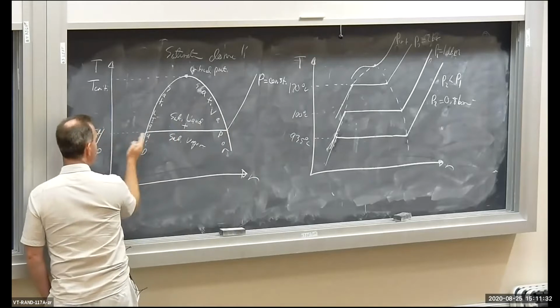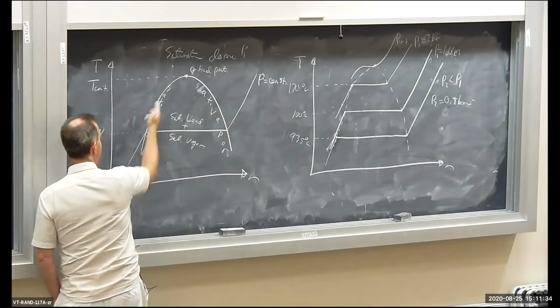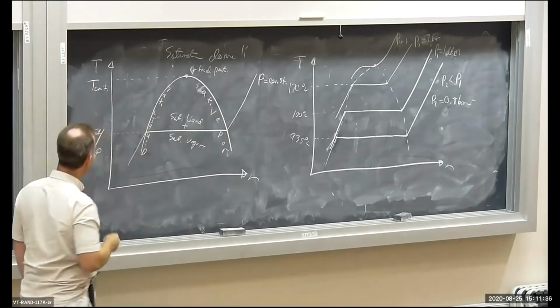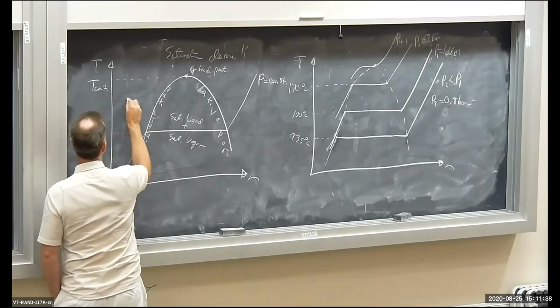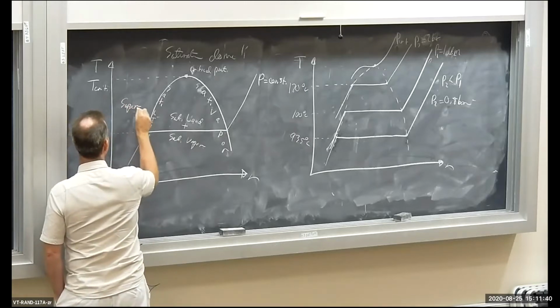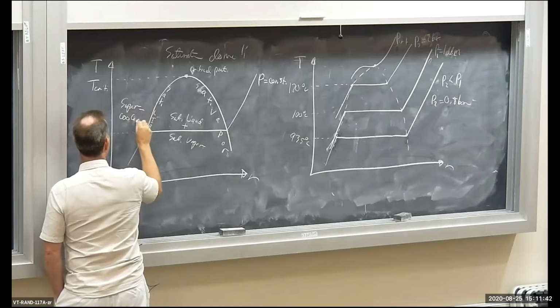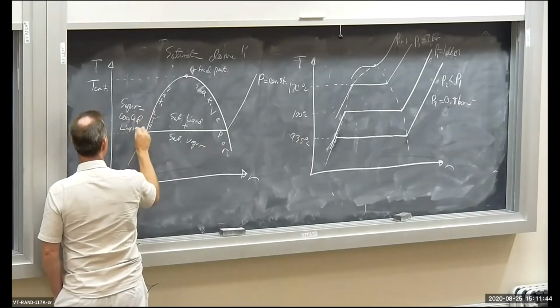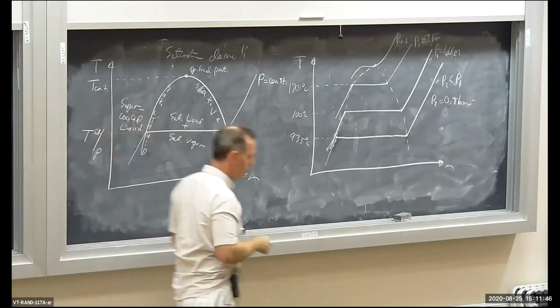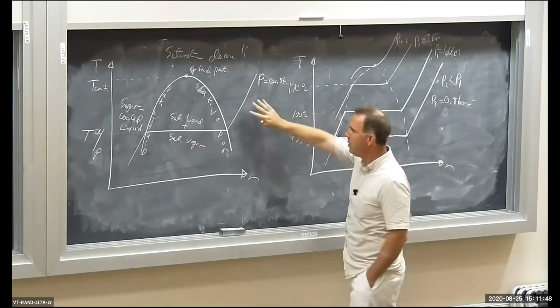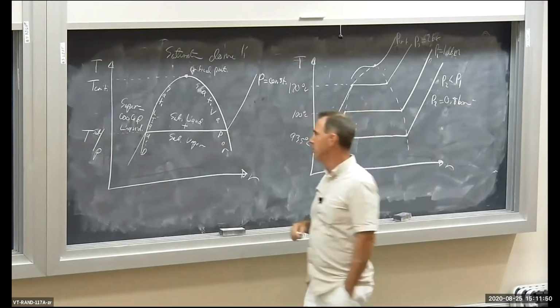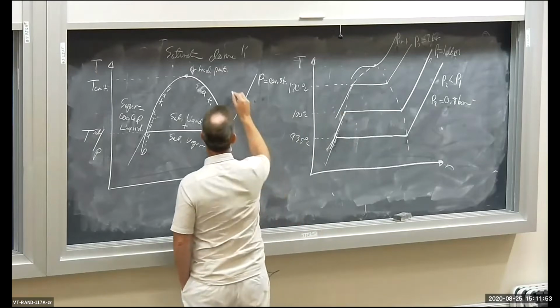Over here, to the left of the surface of the dome, we have supercooled liquid. And over here, superheated vapor.